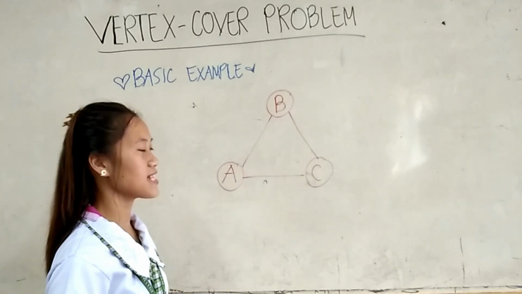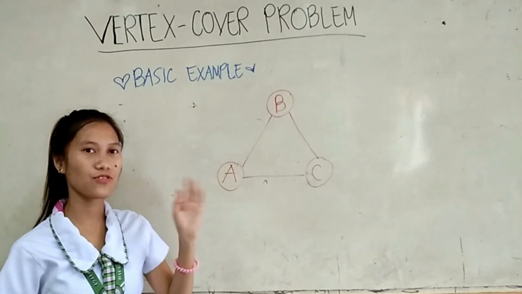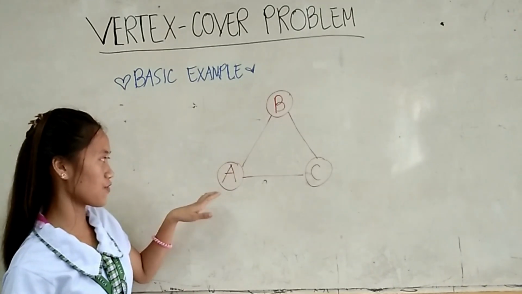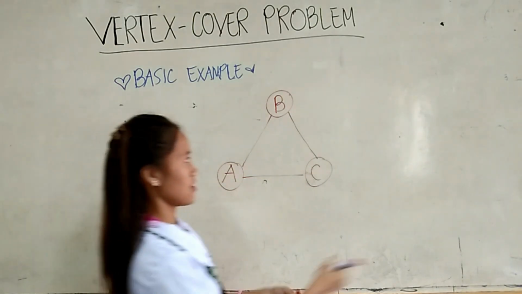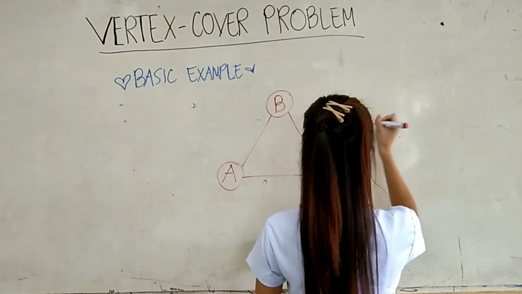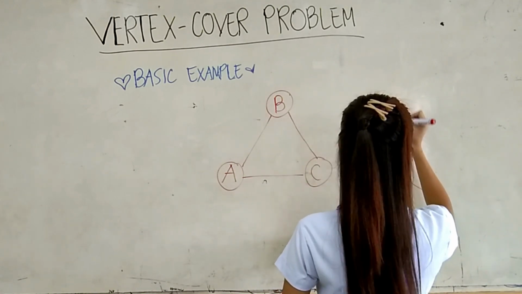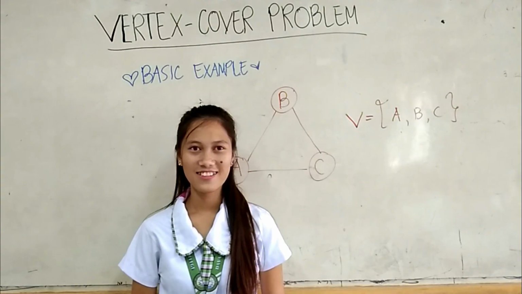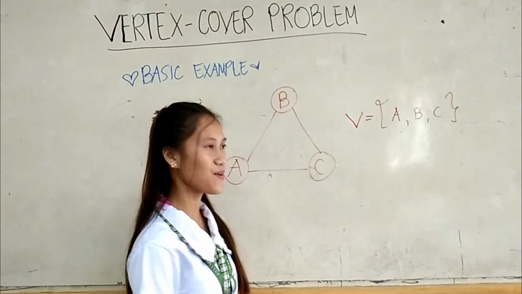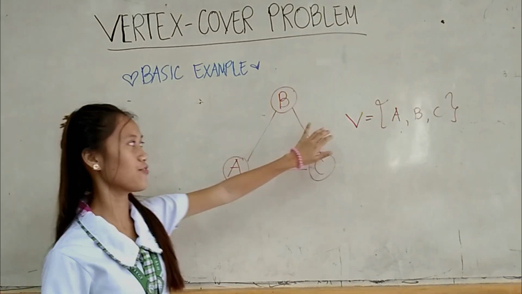We have an undirected graph which consists of three vertices: vertex A, vertex B, and vertex C. V stands for vertices. We also have three edges, edge 1, 2, and 3.